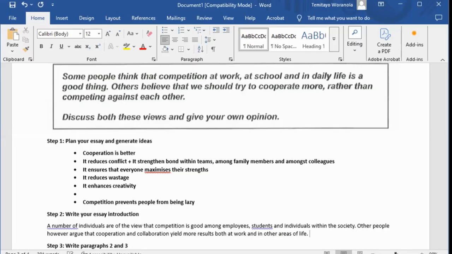At work, let me remove that word both. Yield more results at work and in other areas of life.